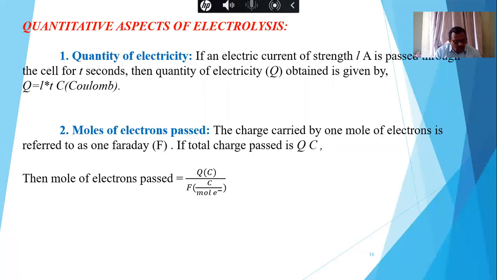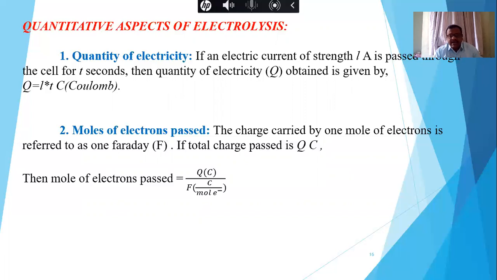So now let us go on to the next concept, that is the quantitative aspects of electrolysis. There are 3 to 4 quantitative aspects of electrolysis. The first point is the quantity of electricity.